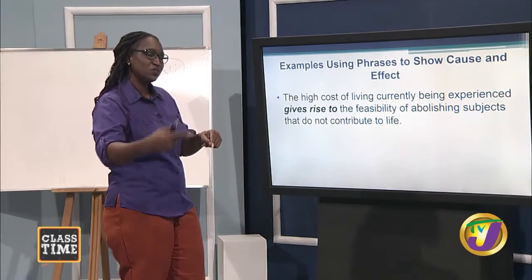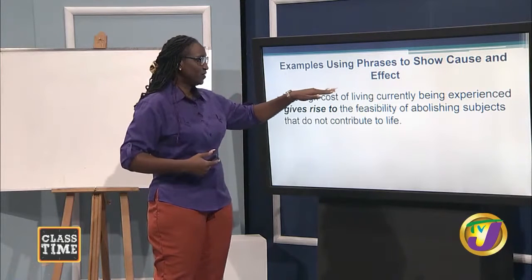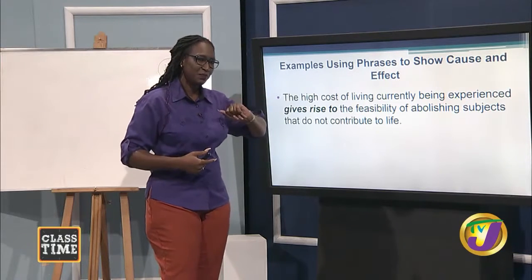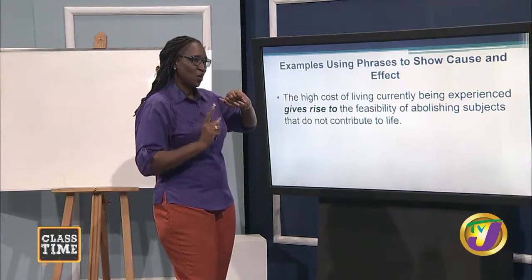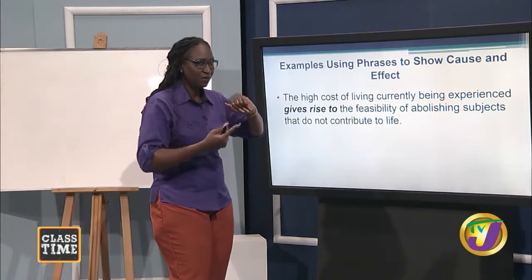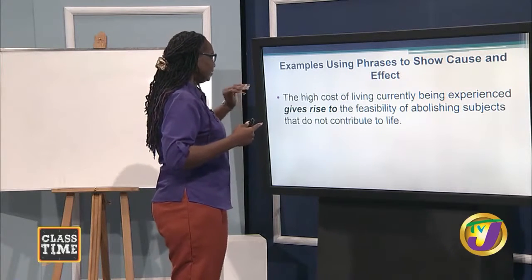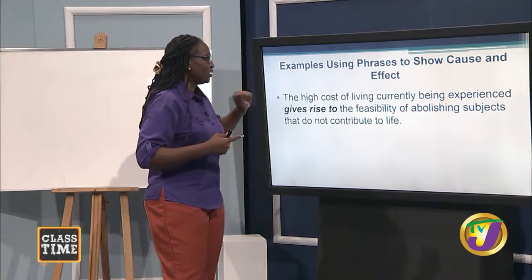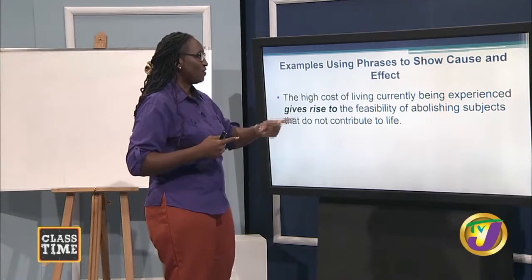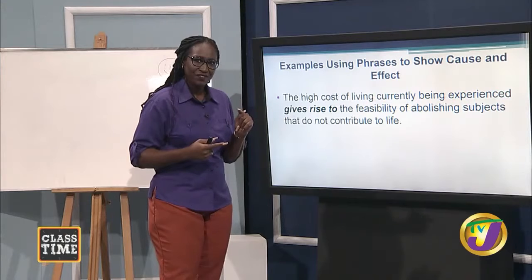What is the result of what? So let's look. We have the high cost of living currently being experienced. Currently being experienced. So that tells you something. Is that the cause or is that the effect? And then it says, gives rise to the feasibility of abolishing subjects that do not contribute to life.